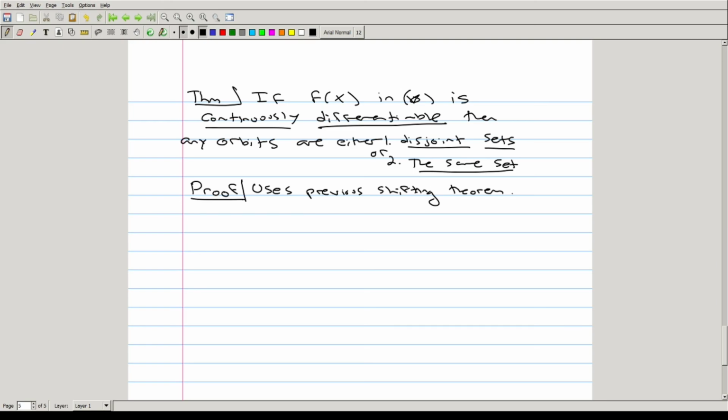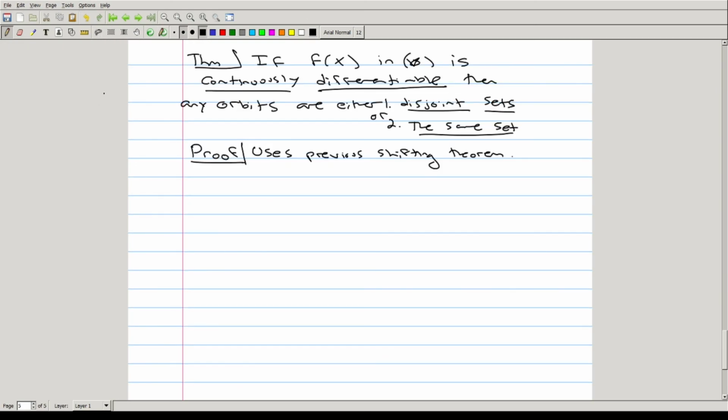And the extension of the idea of orbits to more complicated systems is something that we'll focus on a little bit later on in the class, using orbits to really understand the behavior of differential equation solutions.